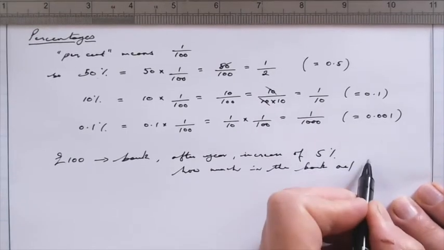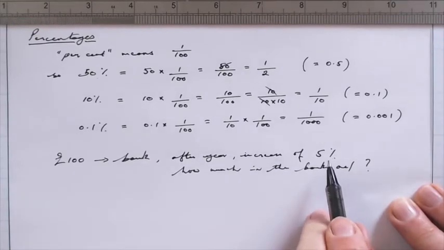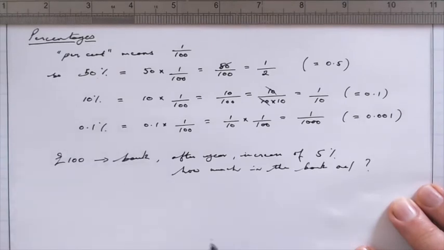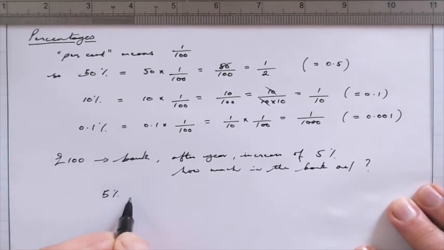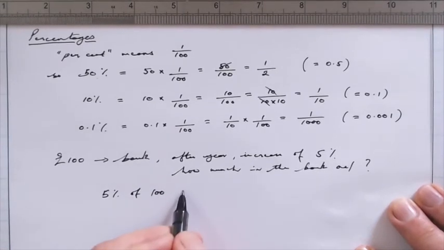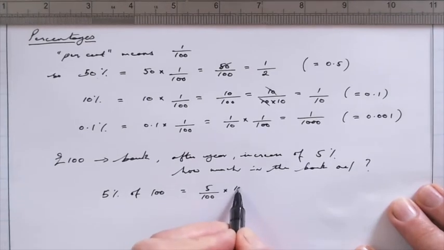Okay, well, we need to work out the amount of interest that's been earned, which is 5% of the original amount. So we want to know what 5% of 100 is. Well, 5% is 5/100ths, and we're multiplying that by £100.